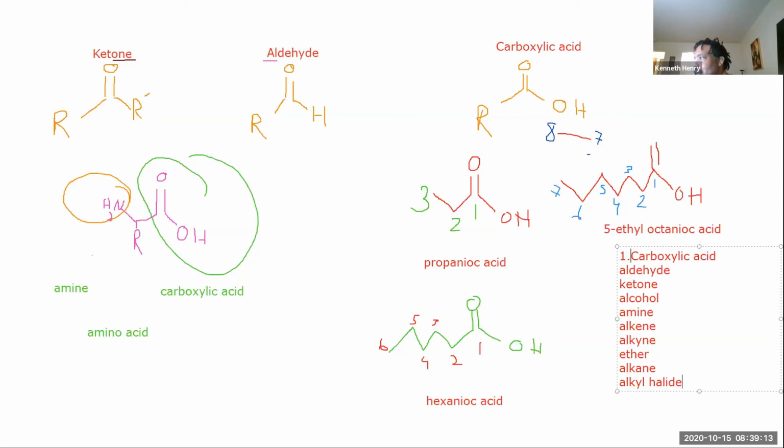Okay, Mandy, how many different functional groups should I be aware of? A lot. A lot is not an answer. I want a numerical answer. 10. Okay, so that's 1, 2, 3, 4, 5, 6, 7, 8, 9, 10. So you should be able to identify 10 different functional groups.